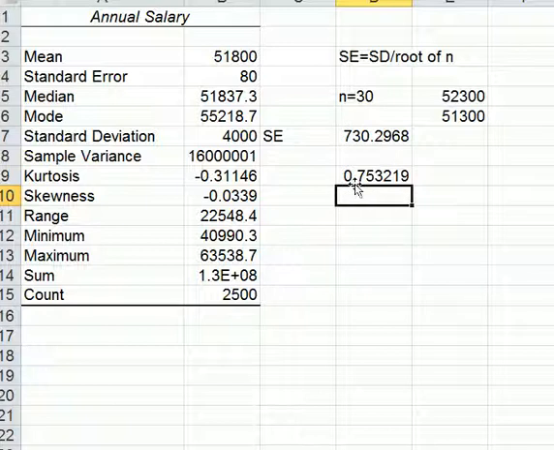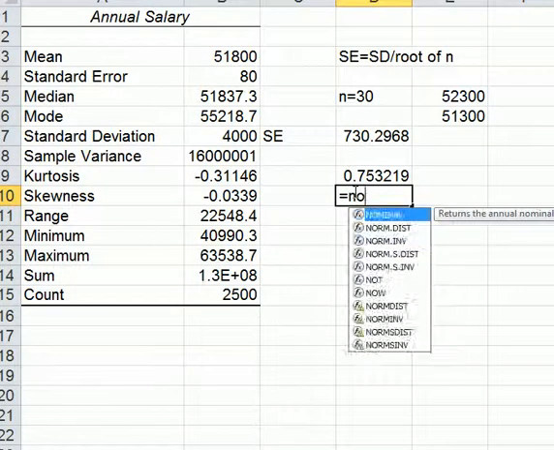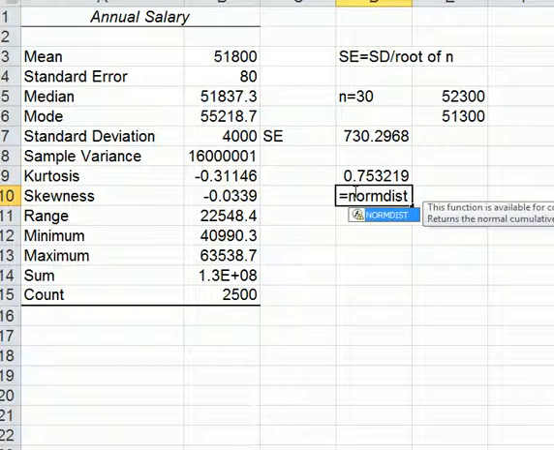So the area to the left up to 52300 is 0.753. Now we want in between 51300 and 52300. So let's do the left hand edge of it, equals NORM.DIST.